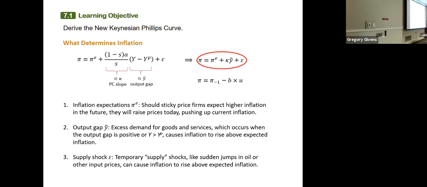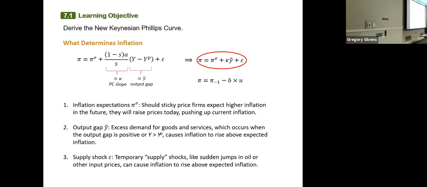Even though all firms are now facing these elevated costs, only the firms like Jameson's that have flexible prices can actually respond by raising their desired prices. But that has the effect of putting upward pressure on the overall price level and therefore inflation, with a constant of kappa attached to it, which depends on the size of the sticky price portion of the economy relative to the flexible price portion of the economy.